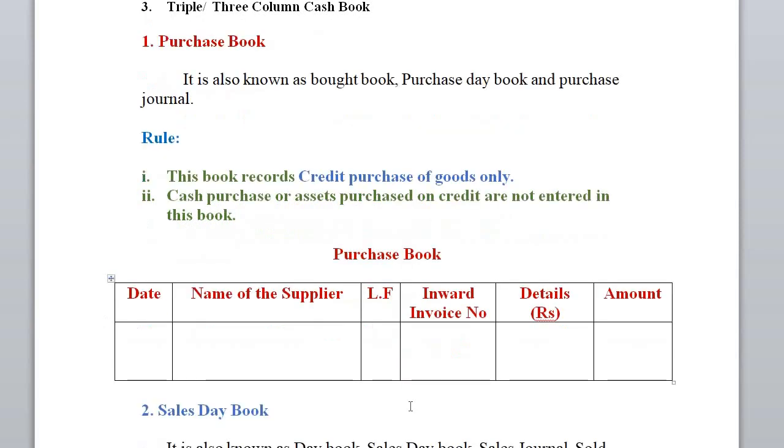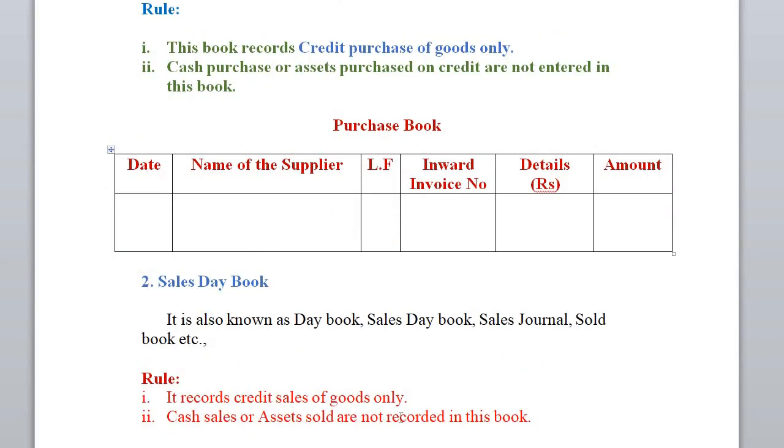The next one, we are going to see the sales book. The sales book is also known as day book, sales day book, sales journal, or sold book. Whereas in purchase book, we record only the credit purchase of goods alone, ignoring the cash purchase of goods, and cash and credit purchase of assets are not recorded in the purchase book.